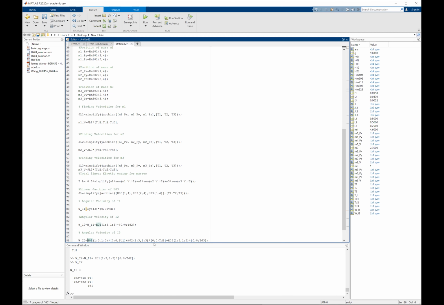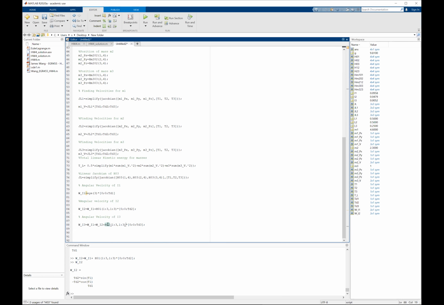So you are going to have, and I will modify this in just a second, W_I1 plus W_I2 plus H02 1 to 3, 1 to 3.